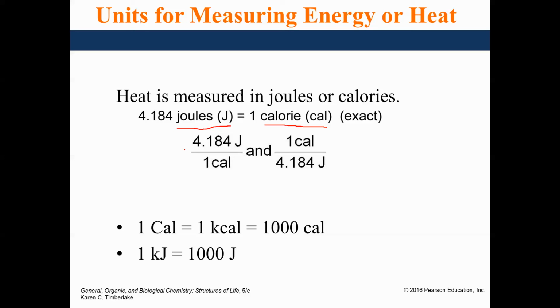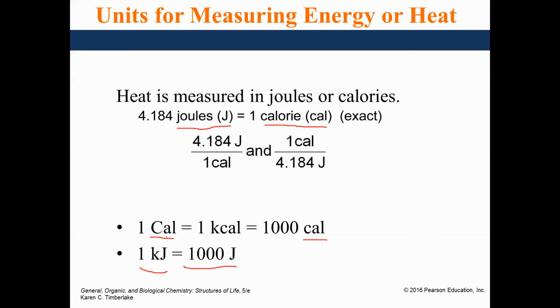And one thing that you may see is variations of these, like kilojoules. If we stick that K prefix in front, it's going to be 1,000 times as big. So 1 kilojoule is going to equal 1,000 joules. And this is one to be very careful of right here. Calorie with an uppercase C is actually a different unit than calorie with a lowercase c.